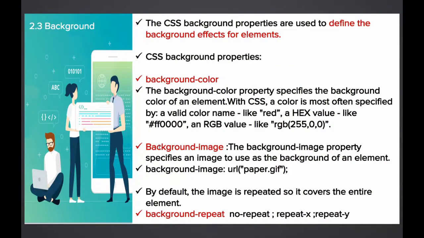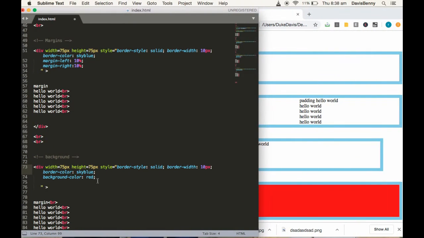With CSS, a color can most often be specified using a valid color name like red, or a hexadecimal value. Let's say you want to make it green, you can give the hex value 00ff00. It will be green.